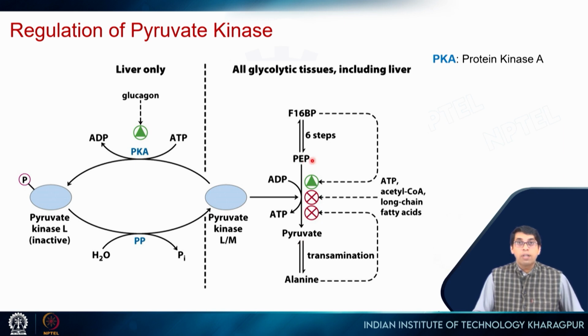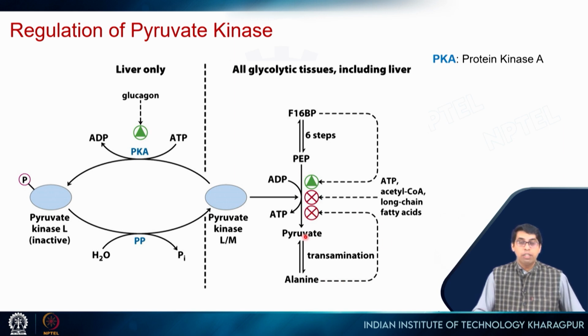Okay. However, if there is fructose 1,6 biphosphate, one of the early steps, so there is accumulation of this molecule, then that will come and activate pyruvate kinase. Also, pyruvate is used to produce alanine, right. Just one step, transamination, and you get alanine. If you have a decent amount of alanine, so high levels of alanine, it will also inhibit this enzyme.